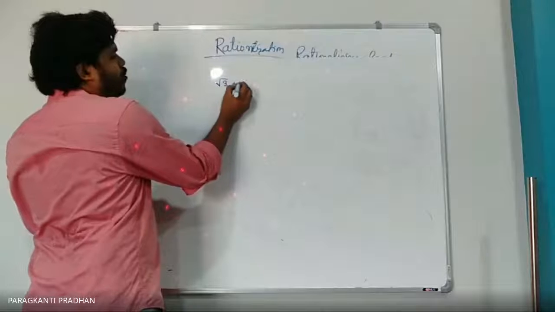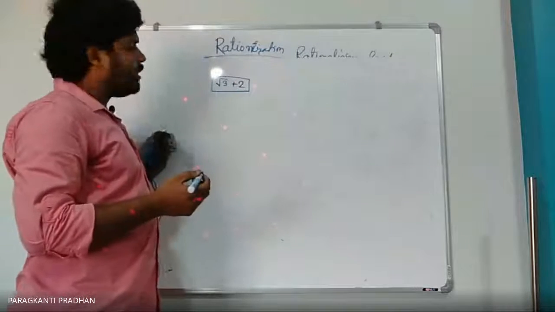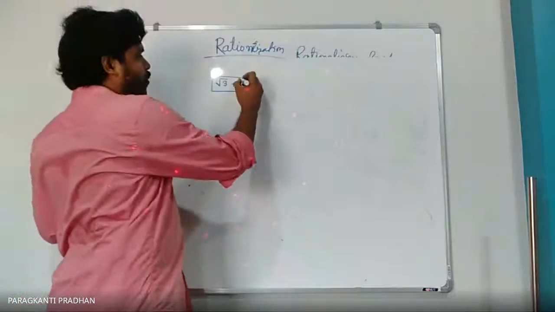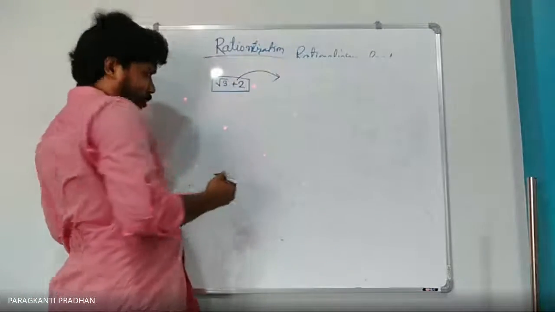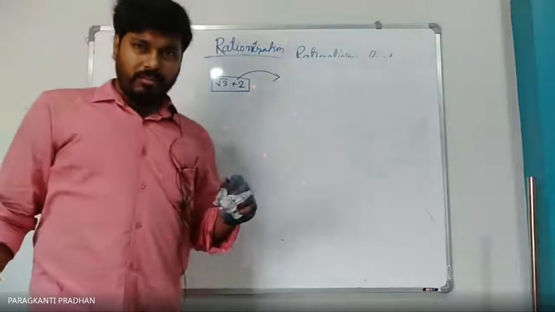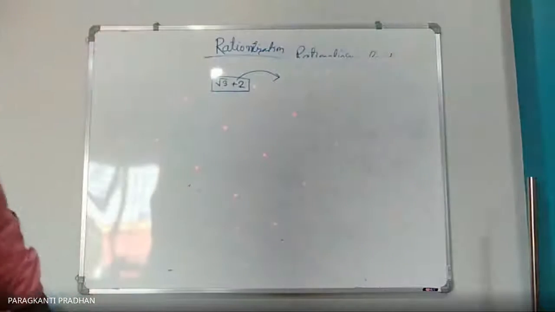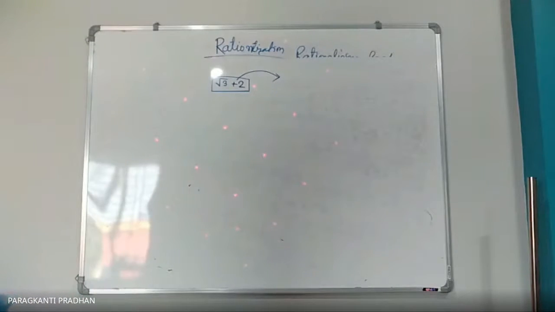Root 3 plus 2. This is the number root 3 plus 2. What will be the conjugate of root 3 plus 2?